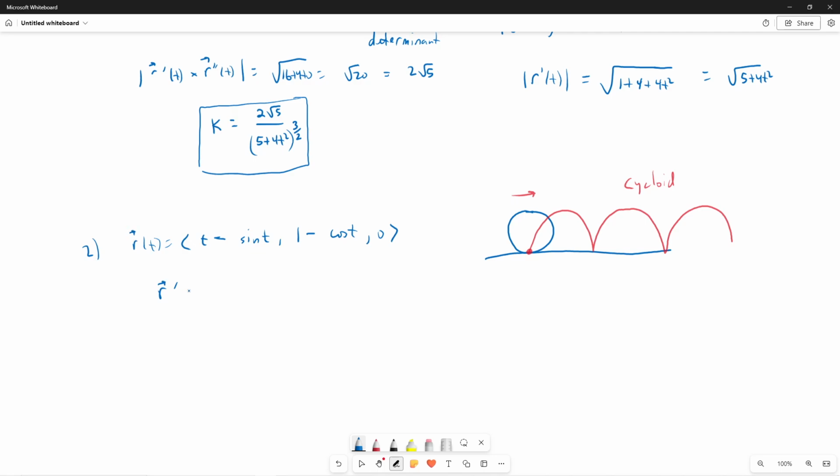R prime is 1 minus cosine t, and then this is sine t, and then 0, and we need r double prime, which is negative sine t, no, positive sine t, cosine t, 0, and then we need the cross product.